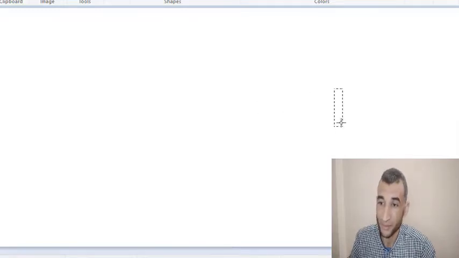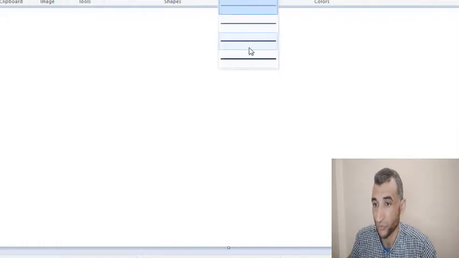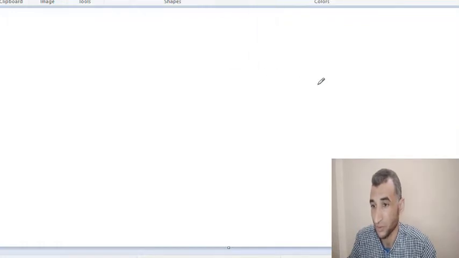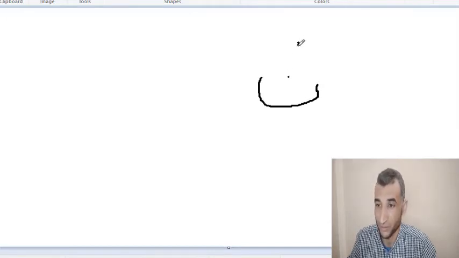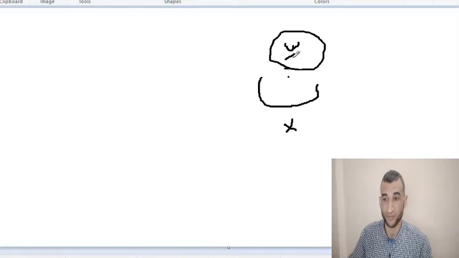Here I want to write the letter Nun. Okay, I will select the font. You can see the letter Nun here like this, and there is a stress above the letter Nun, and there is a short vowel of Kasra under it and not under the letter Nun here. So you may see this shape, the stress and the short vowel of Kasra together above the letter Nun.